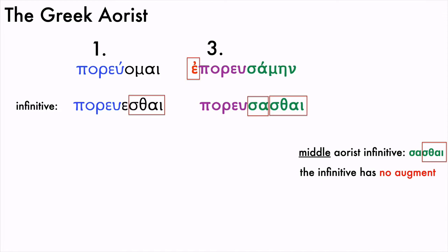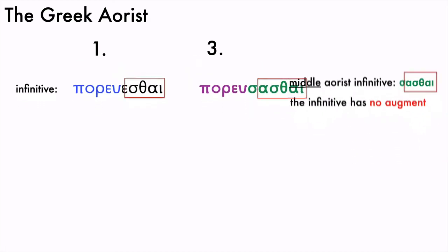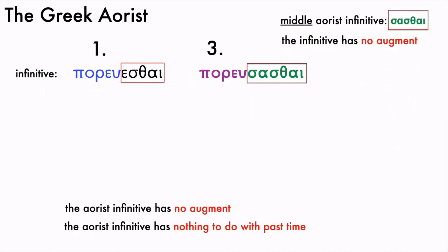Okay, I'd like to reiterate the prior point. The infinitive doesn't have an augment, and the aorist infinitive has nothing to do with past time. First, let's write a present tense infinitive. Thelo poruisthai.